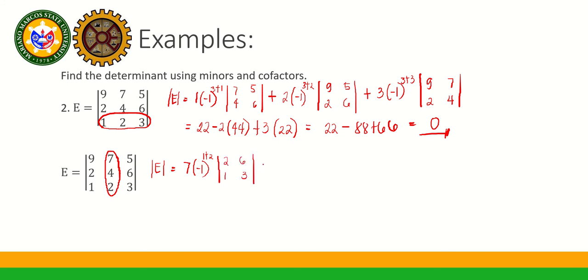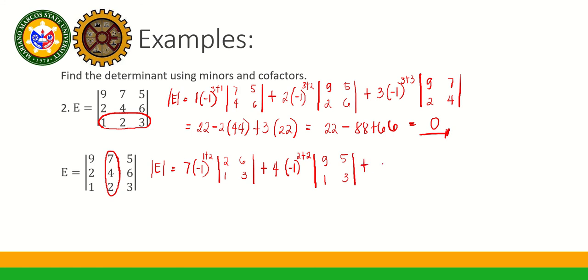And then, we add si second element na na-select natin, which is si 4, negative 1 raised to 2 plus 2 kasi nasa row 2, column 2 siya. And then the minor of 4 is 9, 5, 1, 3.